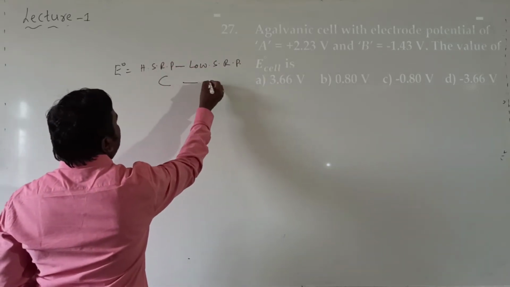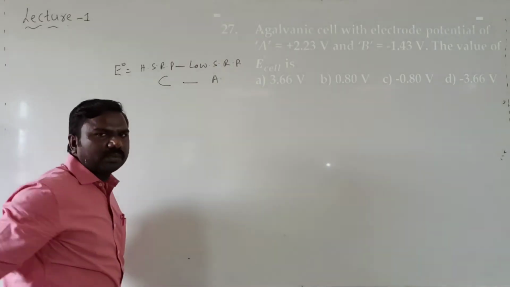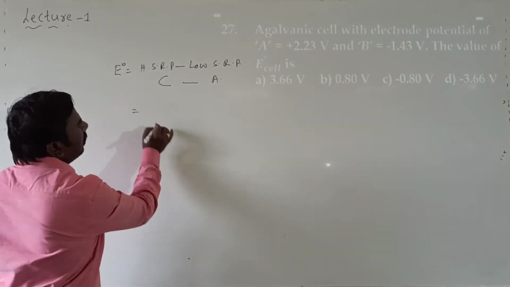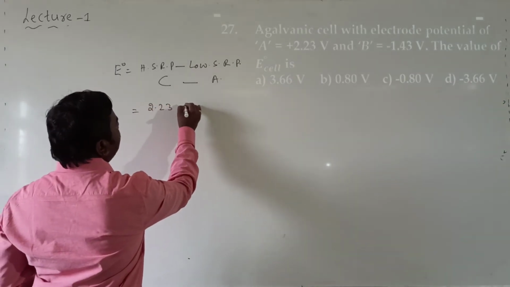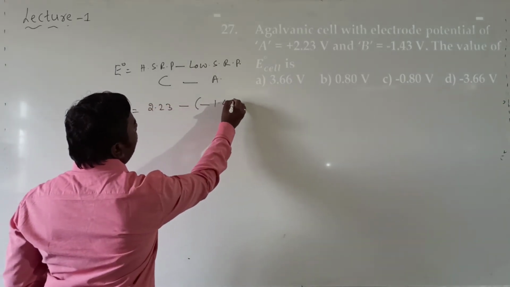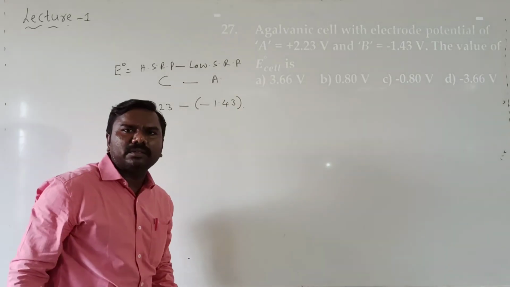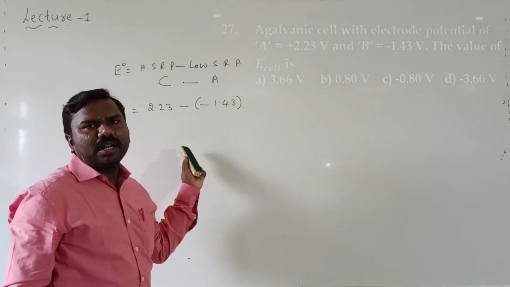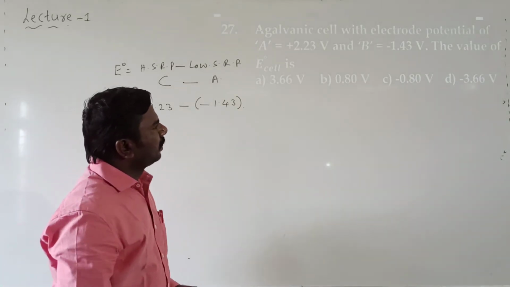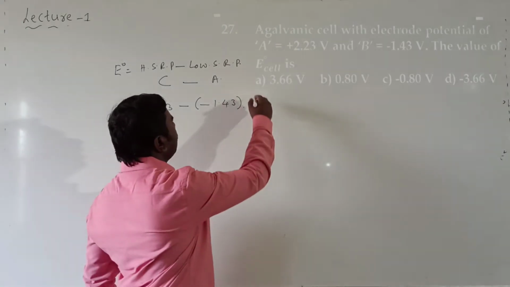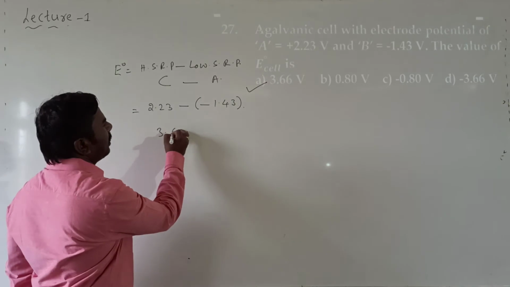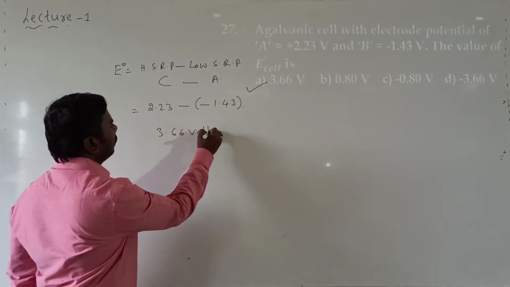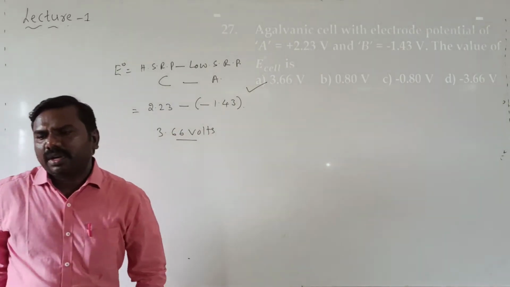High is taken as cathode and low is anode. So high SRP, how much? 2.23 minus (minus 1.4). Clear? Higher is reduction, lower is oxidation. So finally you get the answer 3.63 volts. Right? Next one.